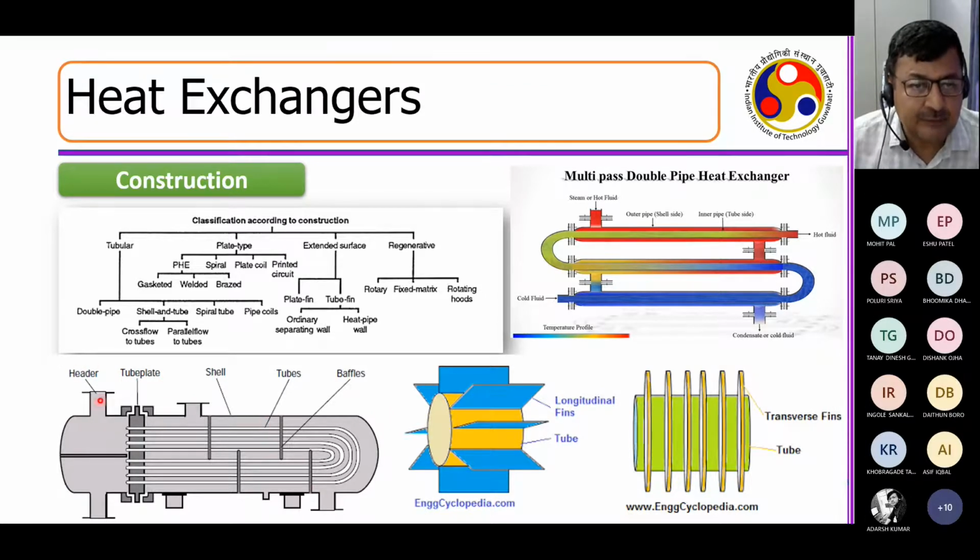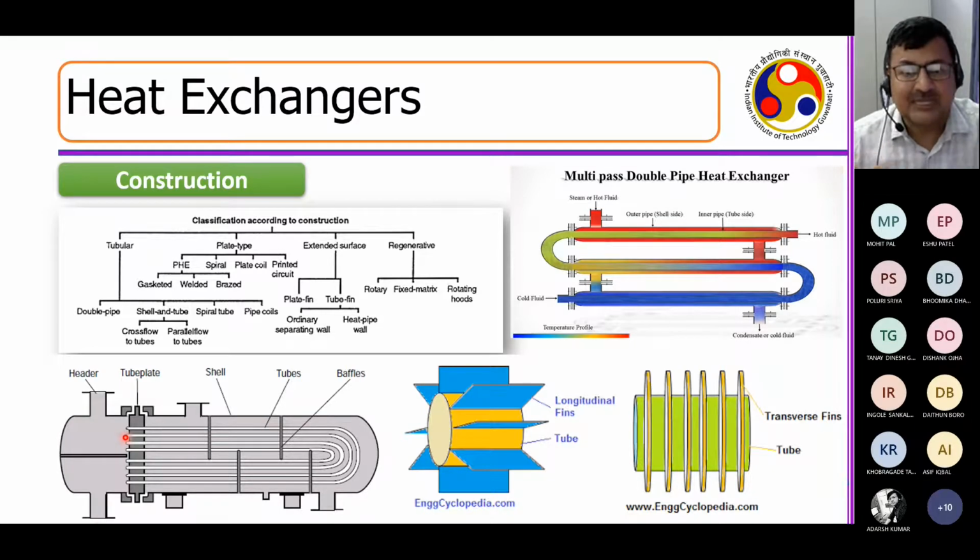Whereas when I'm pushing a fluid through this, what is happening? This fluid is passing through these tubes. These 4 tubes are going like that, coming like that, and then going out like that. In the earlier situation we had only one tube and one pipe at a time, whereas here I have 4 tubes and 1 pipe at a time. So you can put multiple tubes inside a single shell.